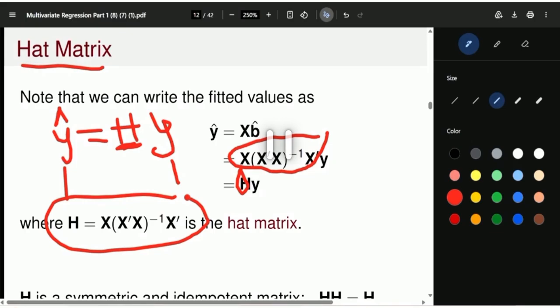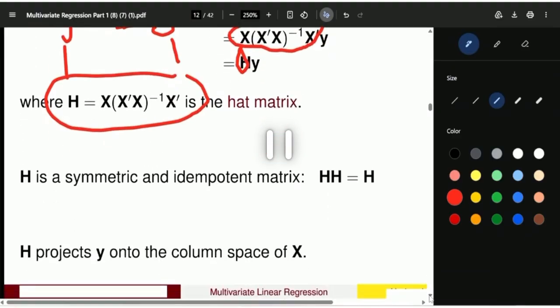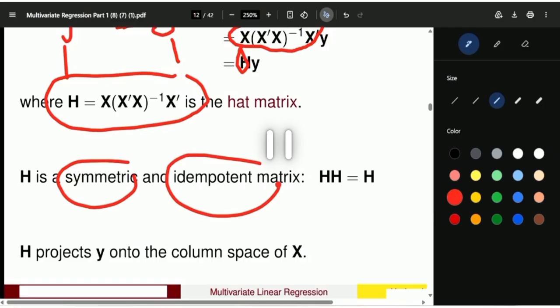It enables us to transform the original response variable into the predicted response, and we're also going to use it a lot when detecting outliers or knowing how influential an outlier is. Where I'm going to start next, we're going to investigate that the hat matrix must be symmetric and must be idempotent.